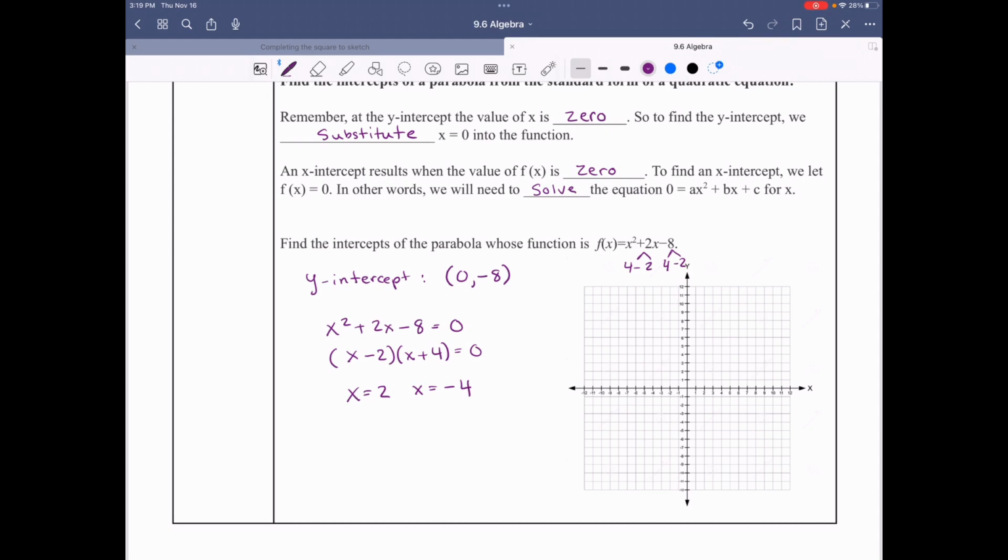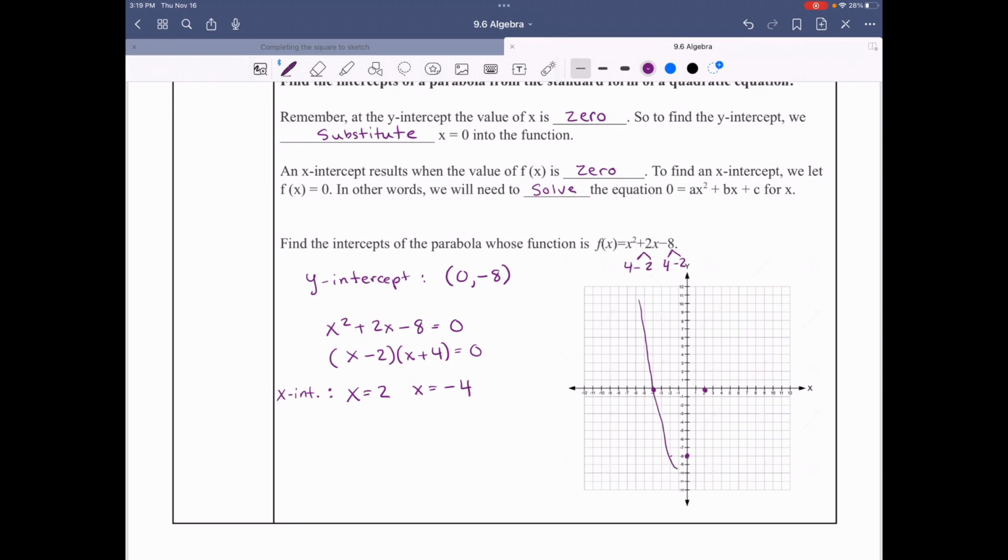These are now the x-intercepts, 2 and negative 4, and we use the y-intercept, 0, negative 8. We can kind of see how this is going to mirror, except that the mirror image of that one would be here.